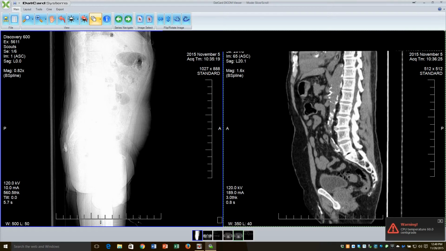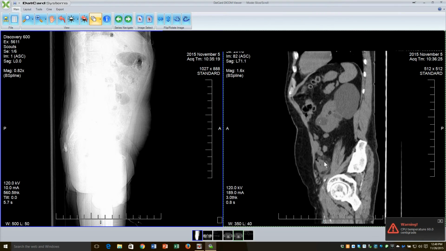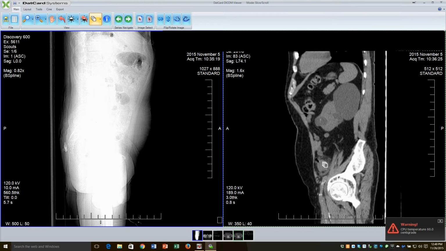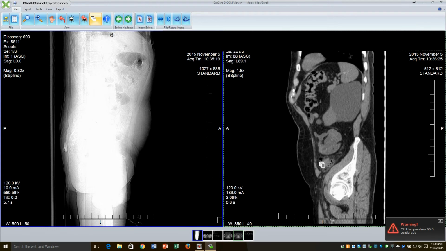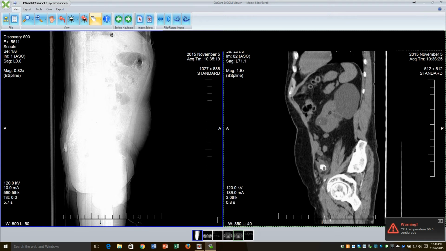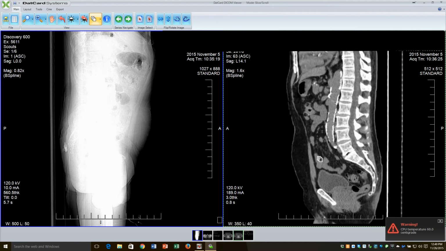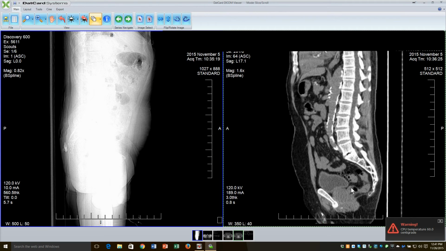Calcifications in the aorta, giant cyst in the left kidney, diverticulosis and diverticulitis, and here's the diverticulitis, that haziness that we see here. Pancreatic calcifications, small hiatal hernia, enlarged prostate, and I think the radiologist hit on all of these points. So that's about it.